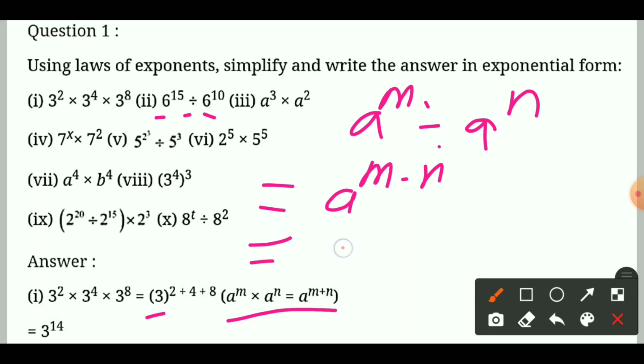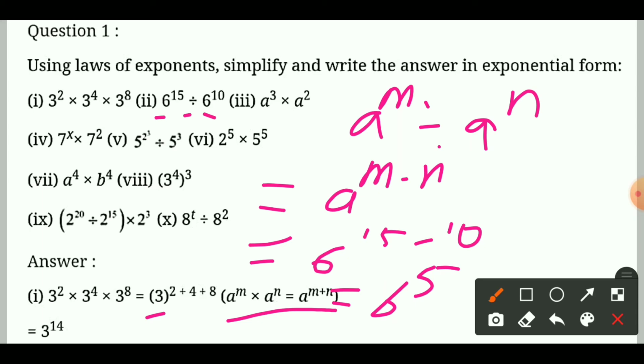So 6 raised to 15 minus 10 equals 6 raised to power 5. Okay, when you have the same base and different powers and you are doing division, in that condition we subtract their powers. So the answer is 6 raised to power 5, when we subtract the powers 15 and 10.